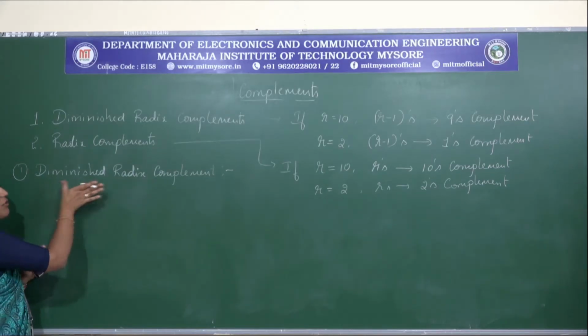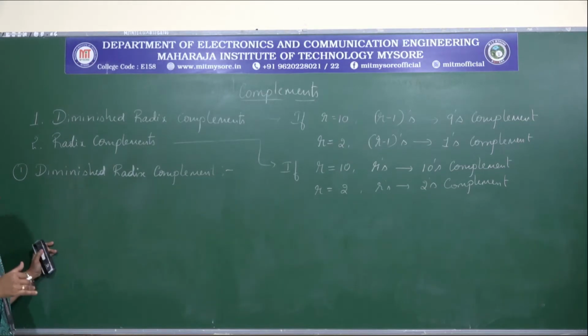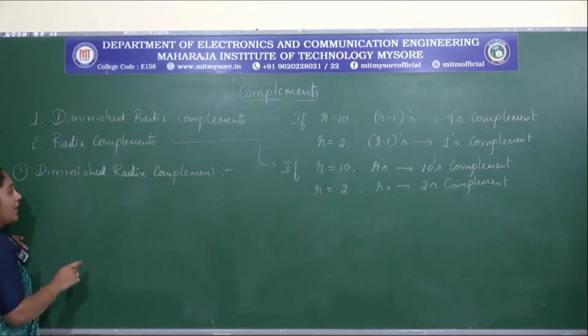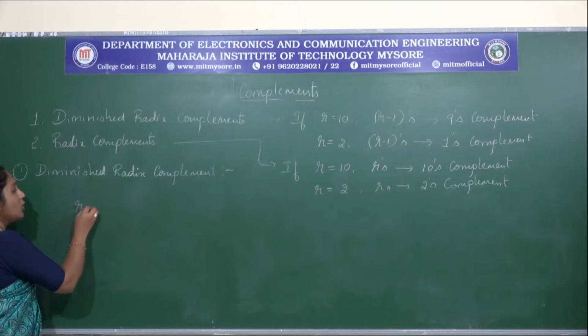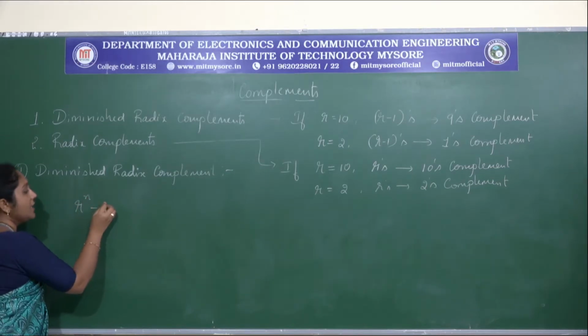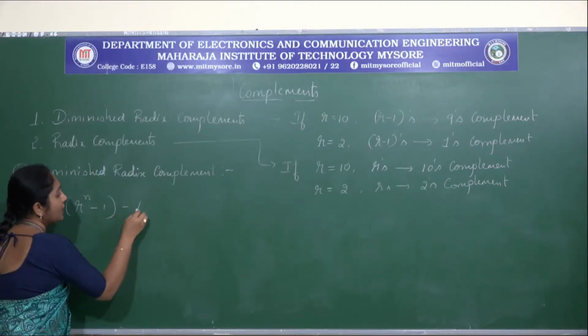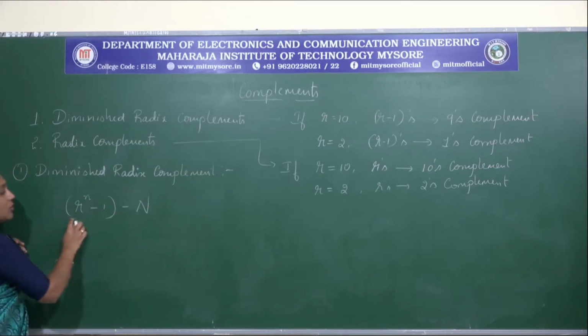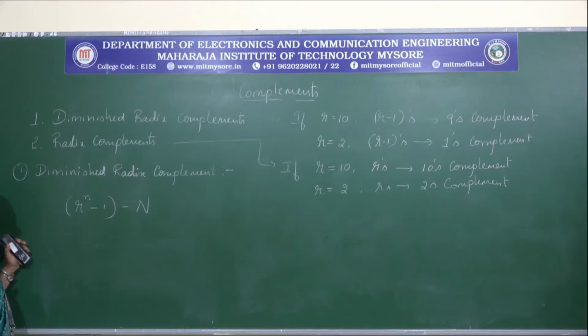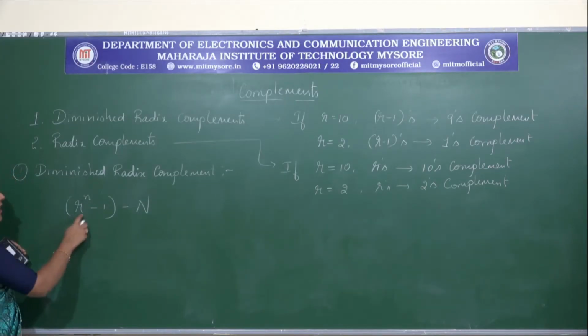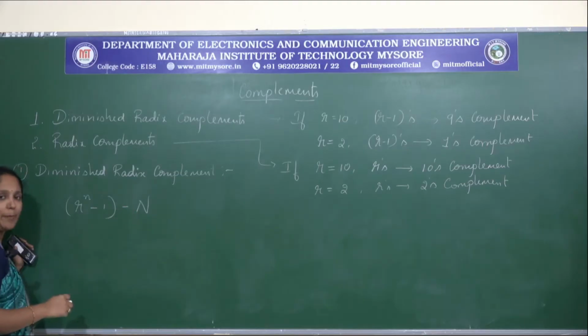Since this is diminished, we consider r minus 1's complement. The generalized formula is r to the power n minus 1, and from this we need to subtract N. Now let us see what r, small n and capital N are.